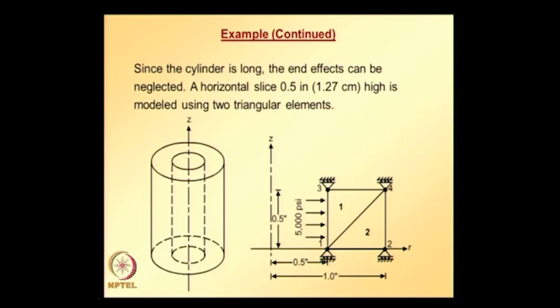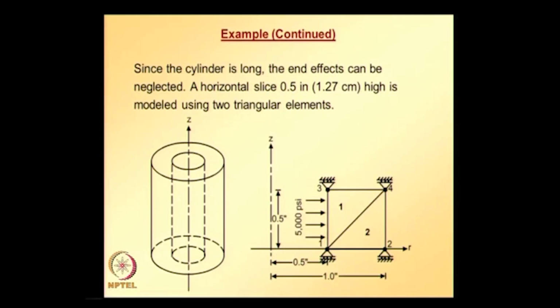So, the boundary conditions at the 4 nodes are as shown: the displacement in the z direction is constrained, whereas each of these nodes is allowed to have a displacement component in the radial direction.